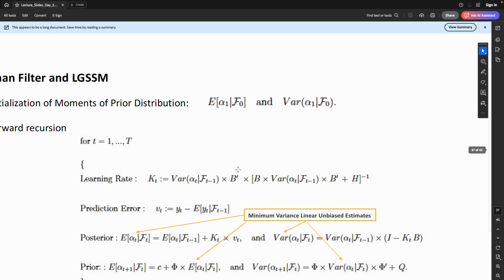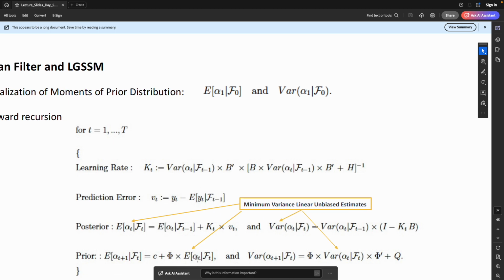Okay, so you see, therefore, the Kalman filter iterates forward using the state equation, and the variance is also interesting. Where's the variance coming from? Again, from the state equation. What do I have?